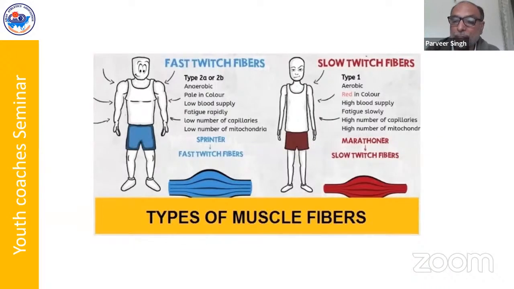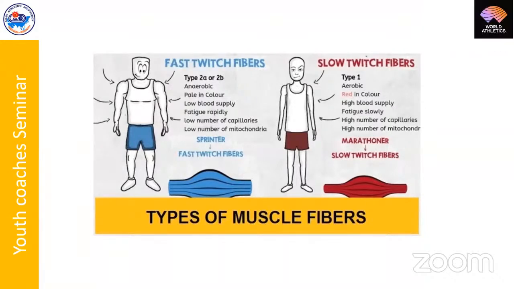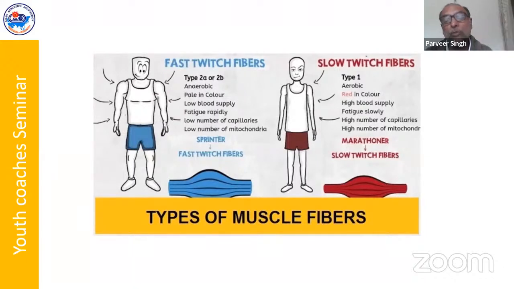And athletes who have dominant slow twitch fibers are good in endurance events, because slow twitch fibers do not produce force quickly, but they can produce force for a longer duration. They are good in endurance. The fast twitch fibers quickly produce force, but they can't produce the force for a longer duration.